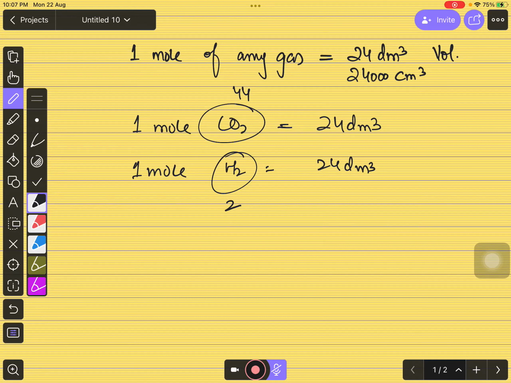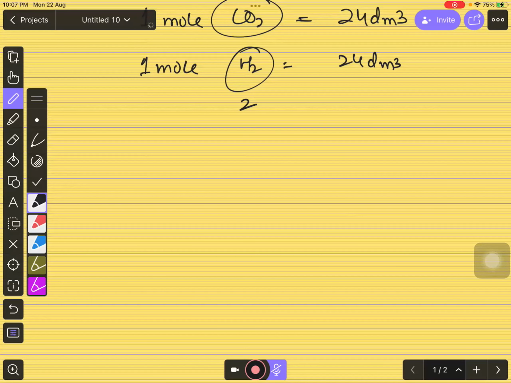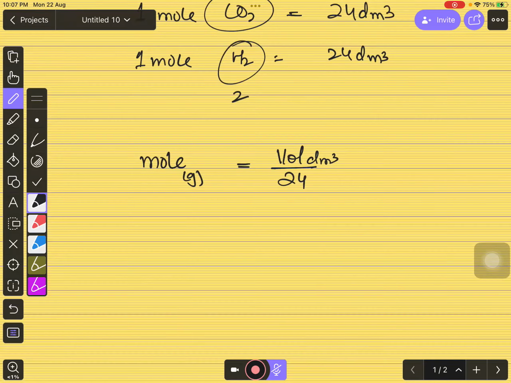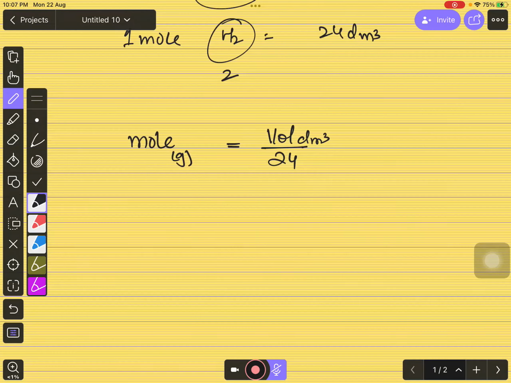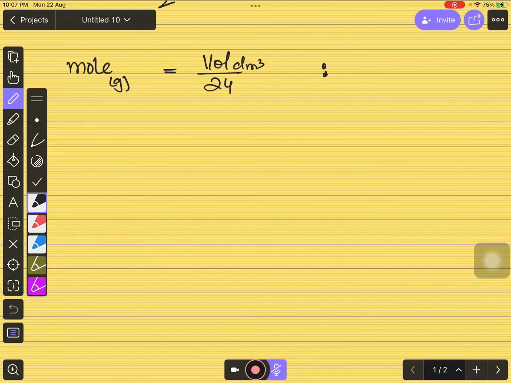Right, now the thing is this कि इसको हम solve कैसे करेंगे, पेपर में ये किस तरह आ सकता है. ये बहुत ही कीमती formula है, इसको आपने याद रखना है बच्चों. If you want to find out the moles of any gas, remember it is only for gases, right? So if the volume is given in decimeter cube, you can divide it by 24, or if the volume is given in centimeter cube, you can divide it by 24,000.